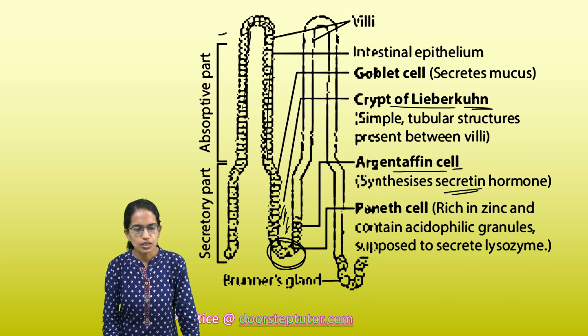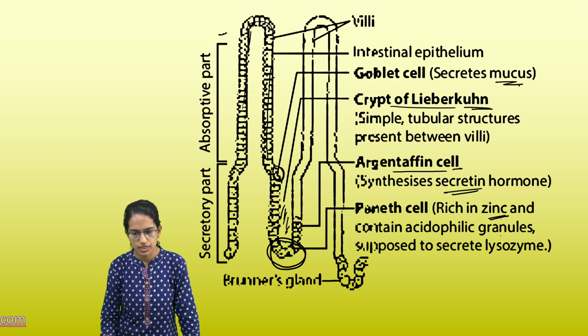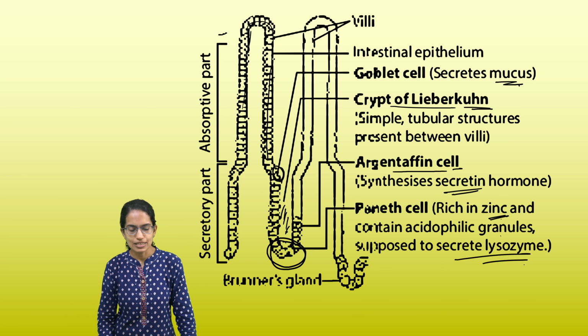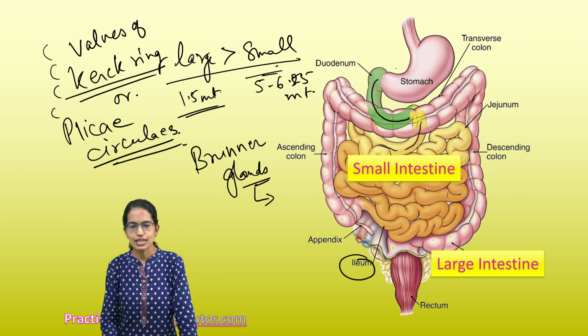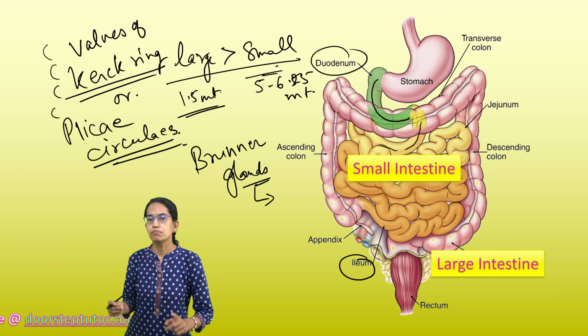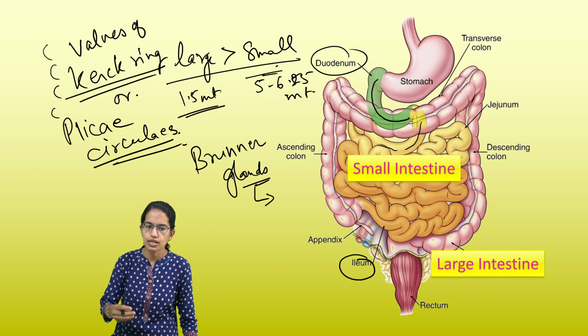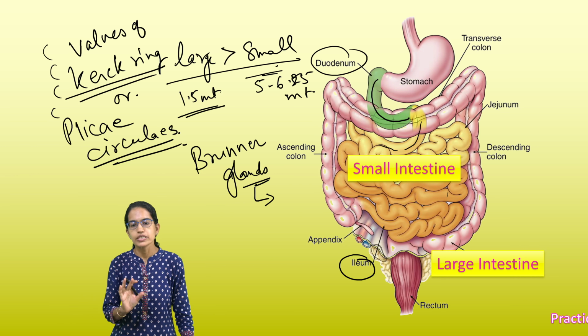Then you have the goblet cells which secrete the mucus, and the Paneth cells which are actually rich in zinc, and they secrete lysozymes which are the suicidal bags. So in the small intestine, the duodenum, the Brunner's gland is important, and the secretions of the Brunner's gland emptying into the crypt of Lieberkuhn is important.